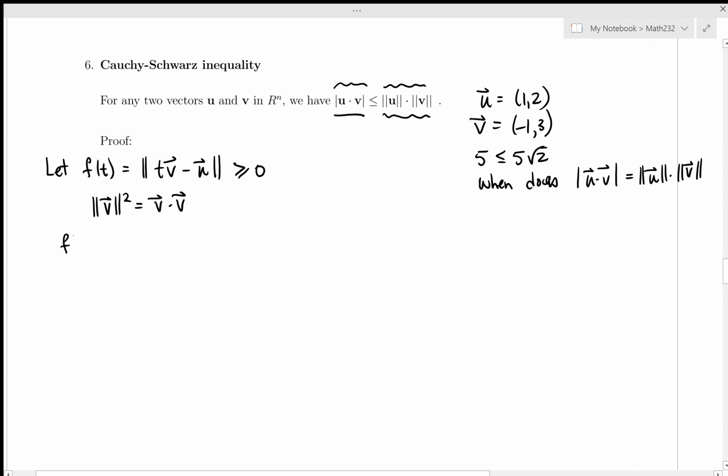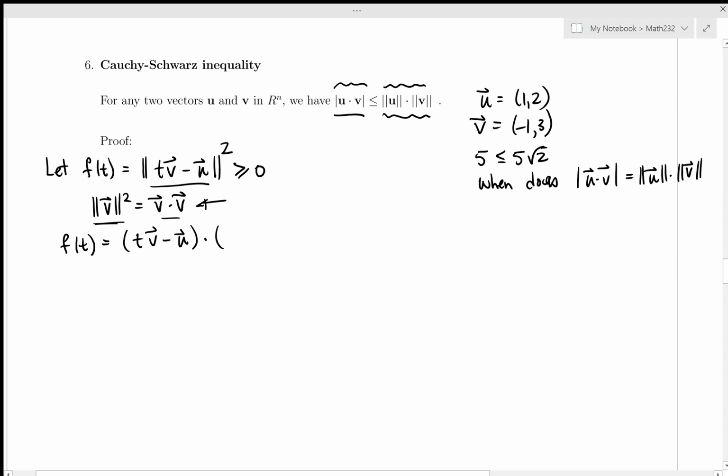Here, let me just write this. I'm going to compute this norm here using the dot product. So this is going to look like this: the norm of tv minus u, and I want that to be a square, so I can just substitute the square for the dot product.